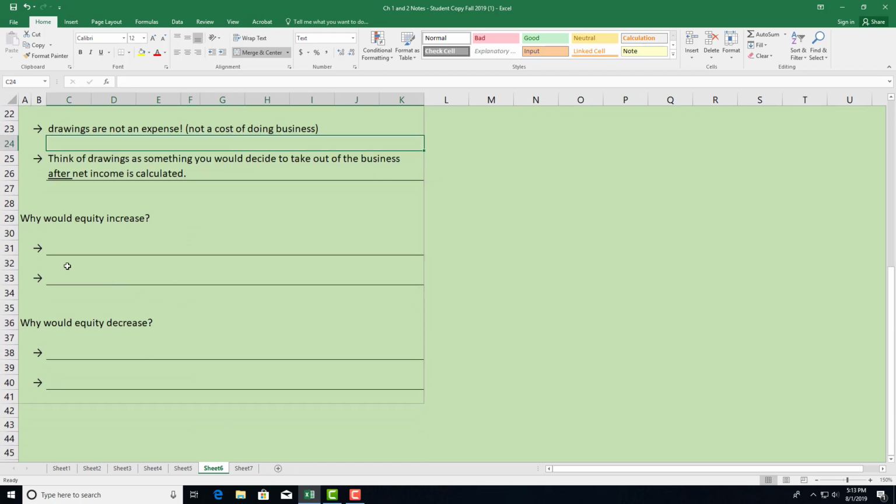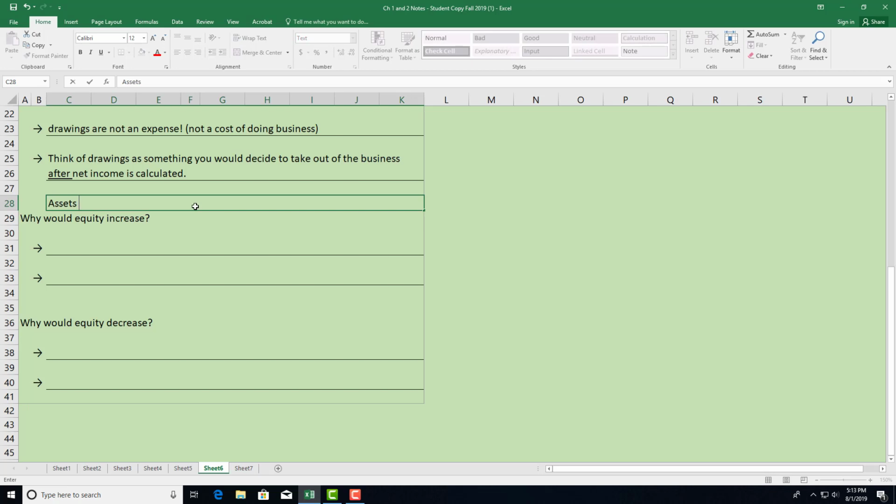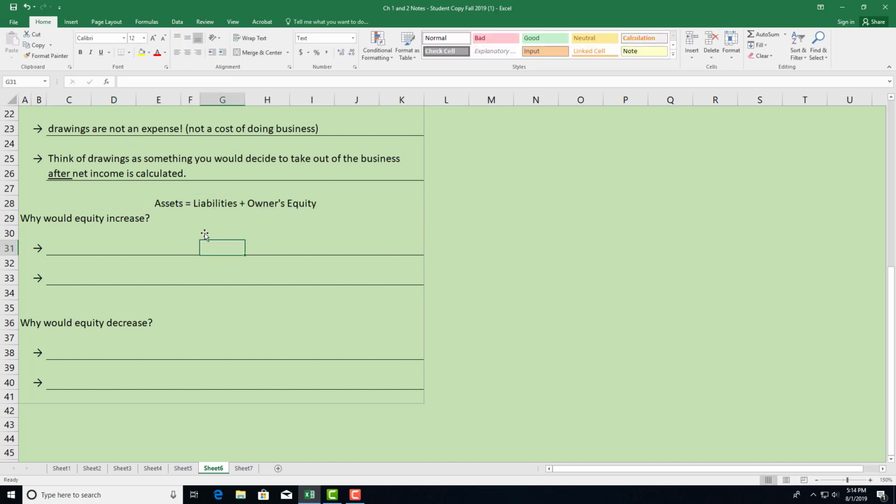And then one last thing here, why would equity increase? I'm going to rewrite the accounting equation. So assets equal liabilities plus owner's equity. And if I use that as a visual, then I feel like I don't have to memorize this question or the answers to this question.